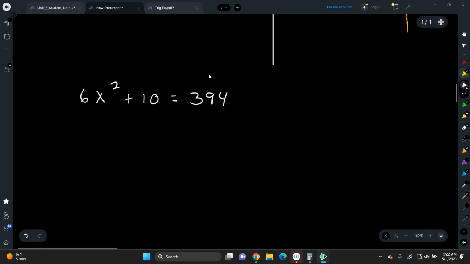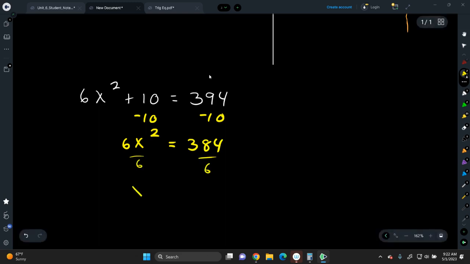Okay, so what do you think our first step is? Subtract 10. Yes, good job. We're going to subtract 10, so we get 6x squared equals 384. And then divide by 6, so x squared equals 64.